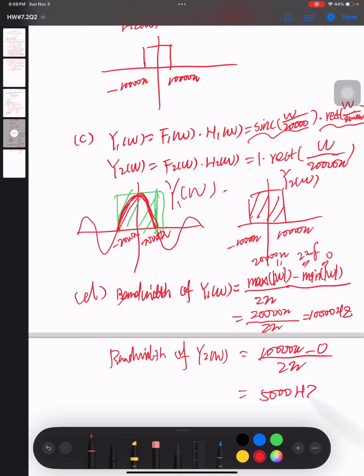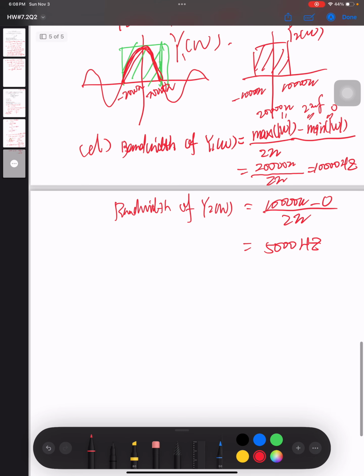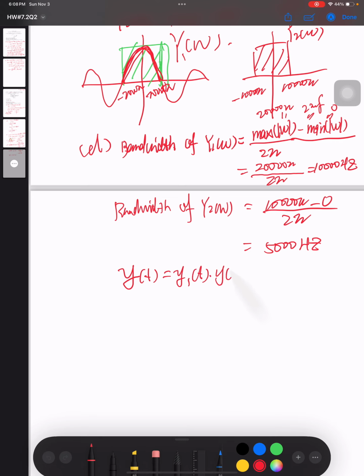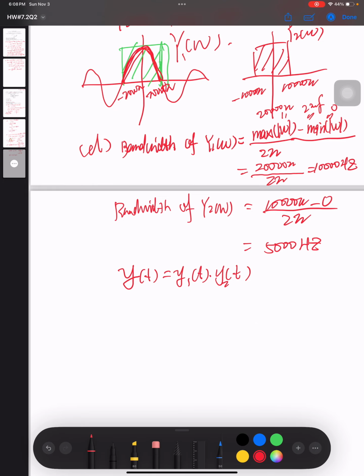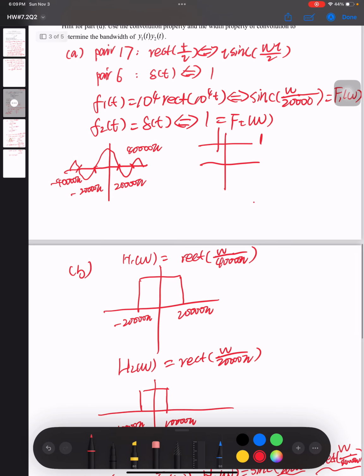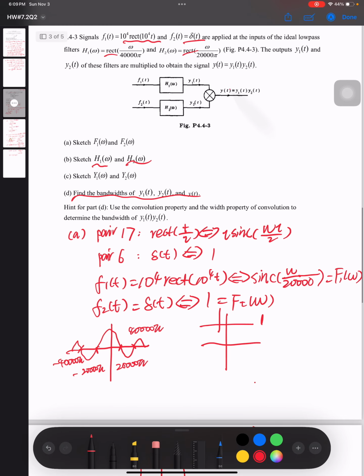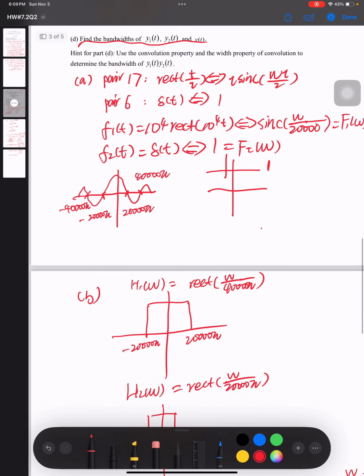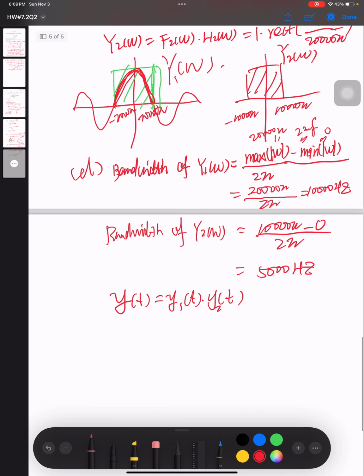And for the y(t), which equals y1(t) times y2(t). Why? Because here it's a multiplication of these two.